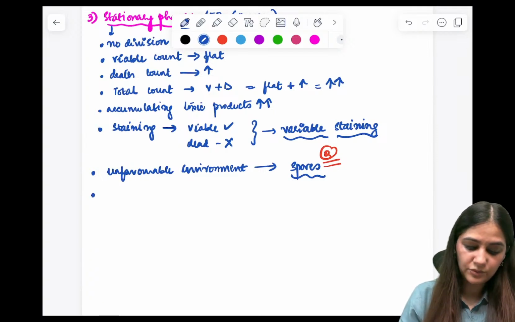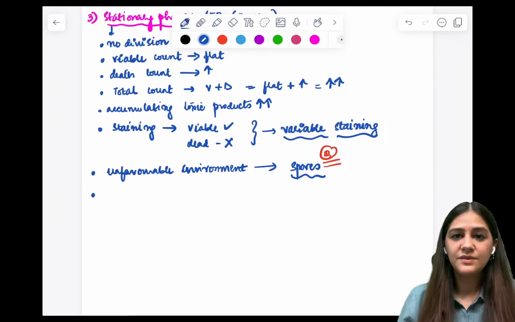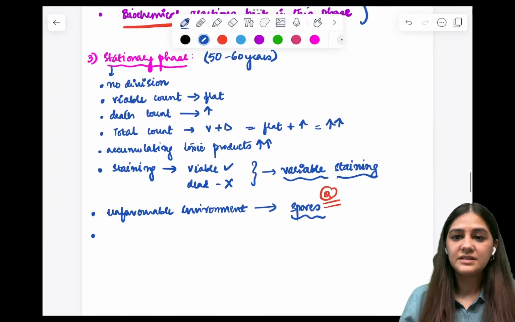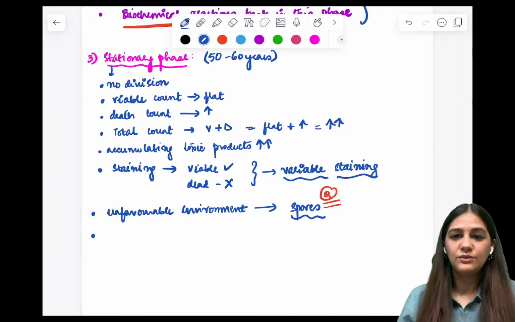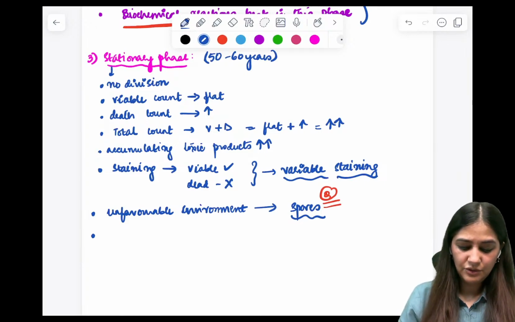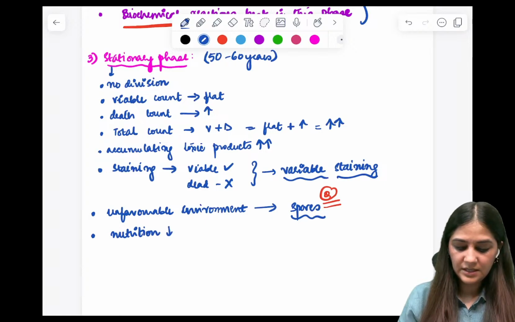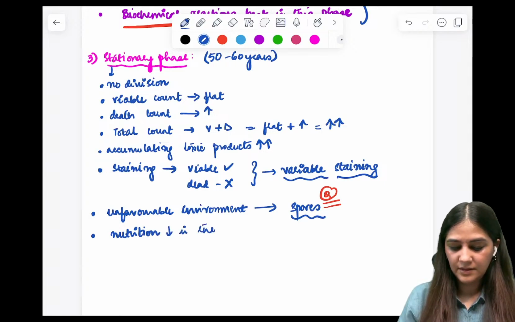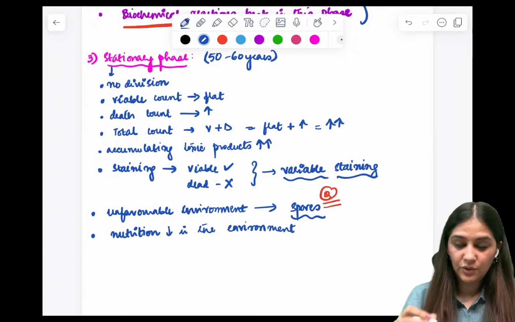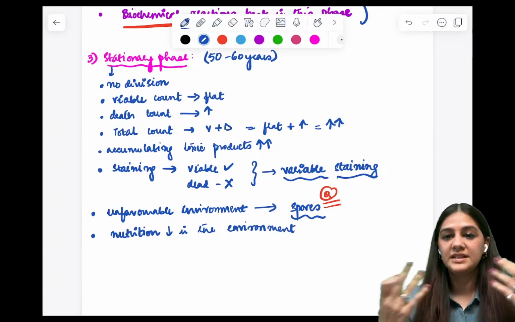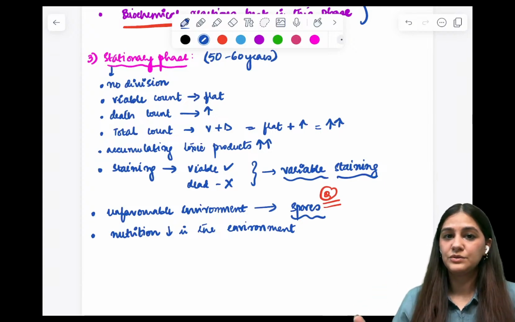What is going to happen to the nutrition? So as we know, old people at 50, 60 years age, they don't feel like eating, they don't feel like doing anything. So nutrition is also decreasing in the environment. And that is why, because now everybody's eaten so much and now reached 50 to 60 years of age.